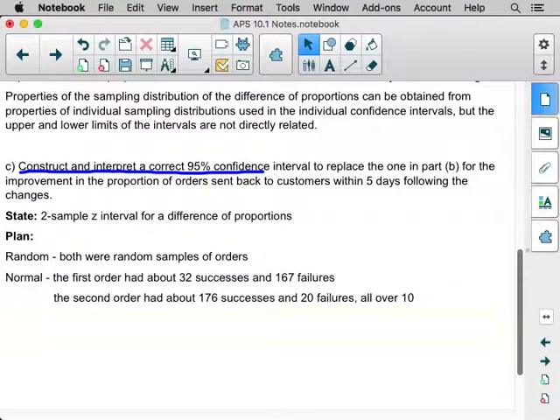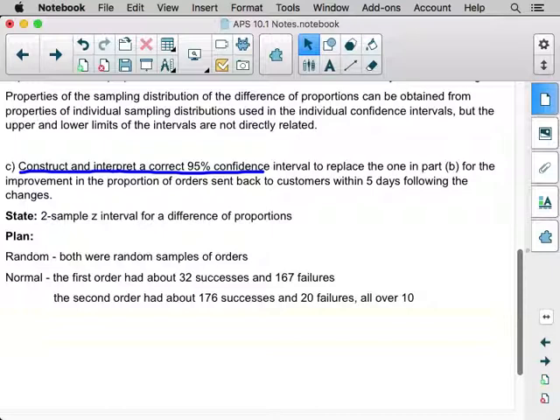Now, in this case, 199. Yeah. So here, how did I get that 32? Where are these numbers coming from? Because they weren't exactly given in the prompt. Where did I get them?